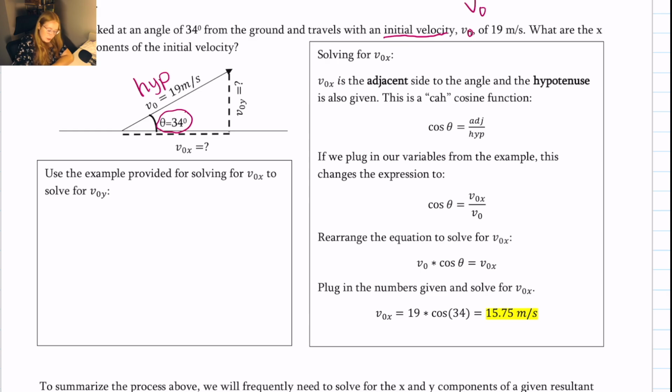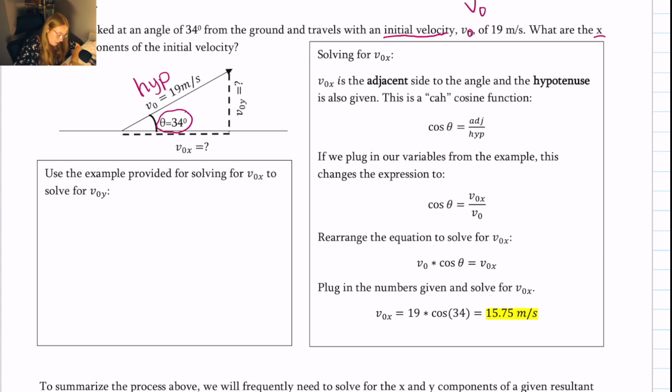What it wants to know is what are the x and the y components, and you'll see that so much in physics. It just wants to know what is the x, so the horizontal, and what is the y, the vertical, x and y. So let's use our trig functions and set up an equation for the x and for the y. Notice it still says v0, v naught, that's what we call it, v naught, and then it has x for the x, and then v naught y.